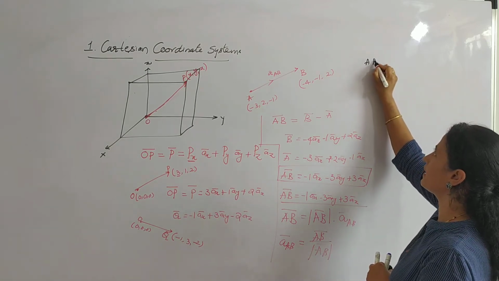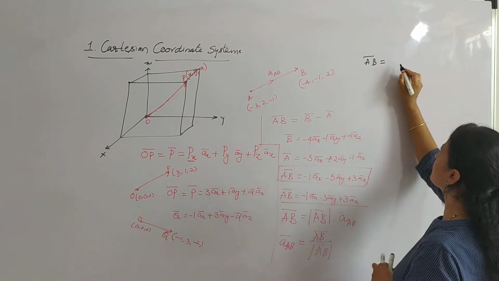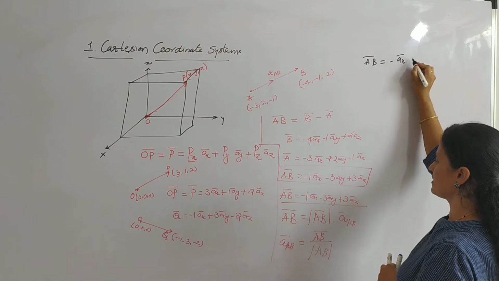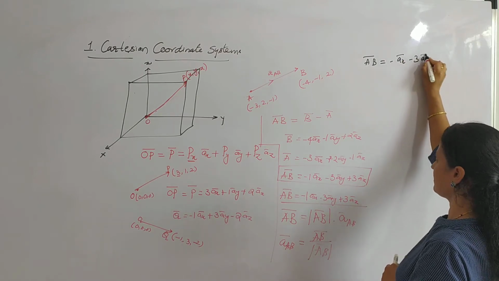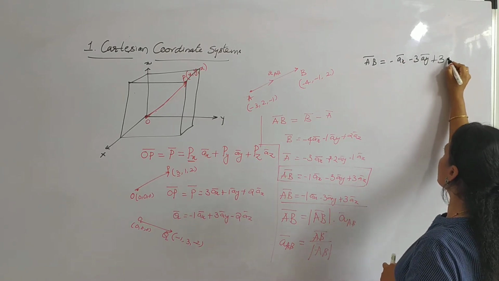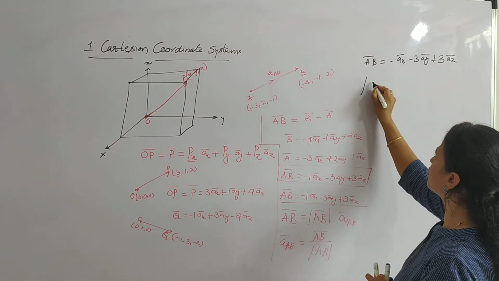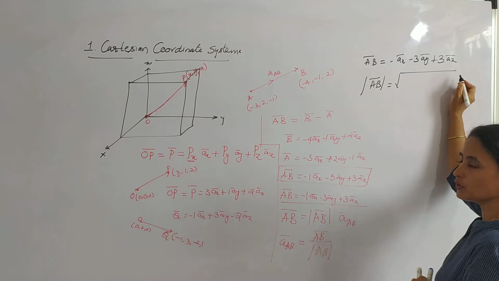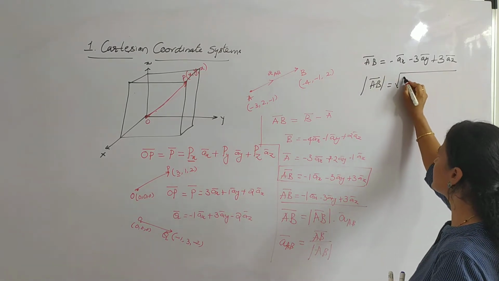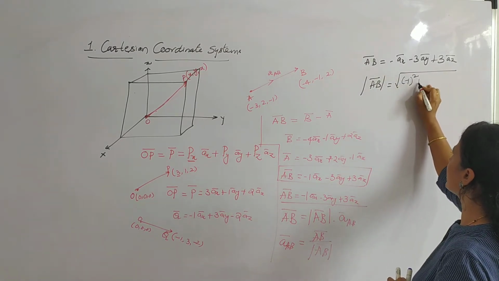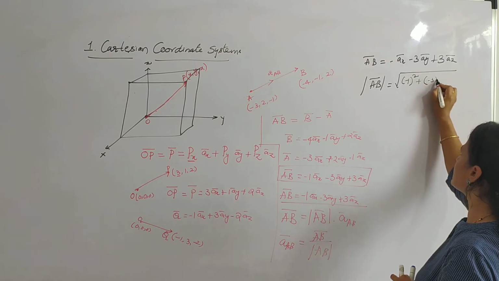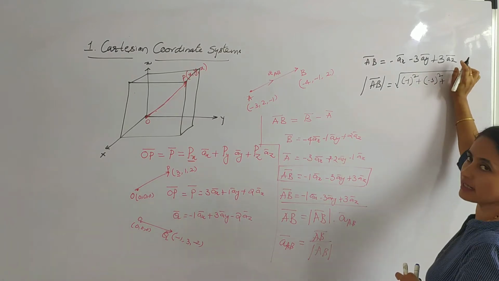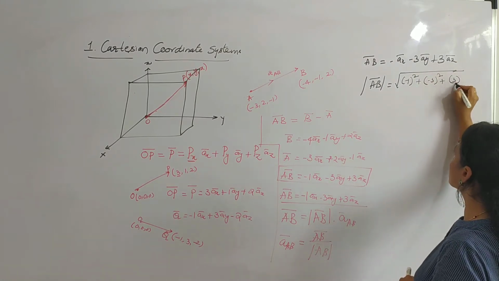The distance vector AB bar is -ax minus 3ay plus 3az, and its magnitude is given by the square root of (-1) squared plus (-3) squared plus (3) squared.